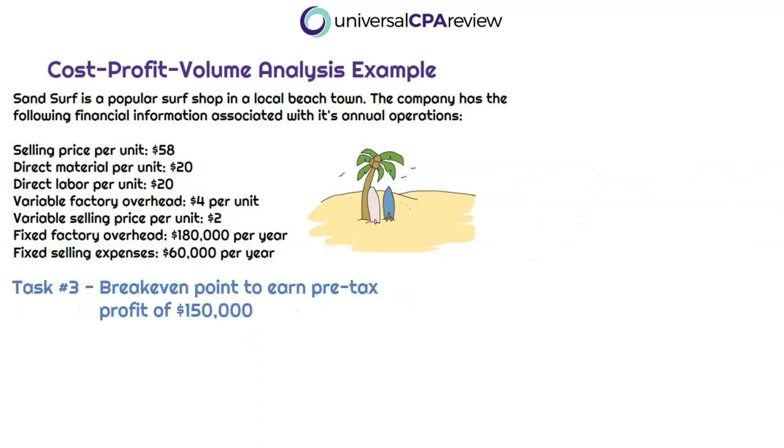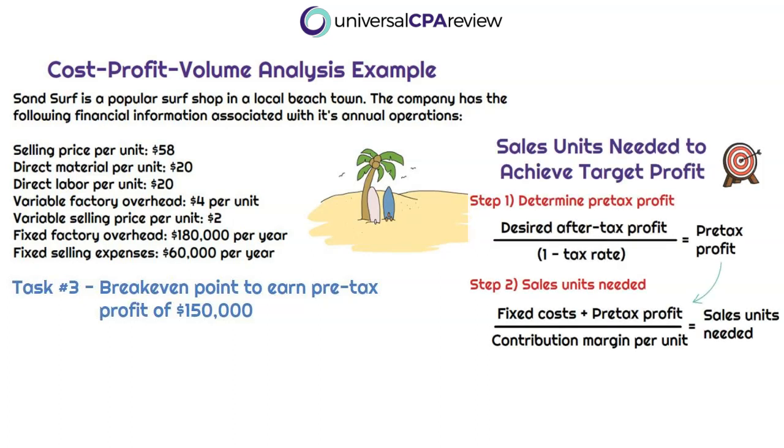But if we move on to task number 3, it says break even point to earn pre-tax profit of $150,000. Well, we don't have to factor in the tax rate here because it's pre-tax. And that pre-tax profit goes on the numerator along with fixed costs. So we just take $240,000 plus $150,000. On the numerator, we still have the denominator, which is that contribution margin per unit of $12.